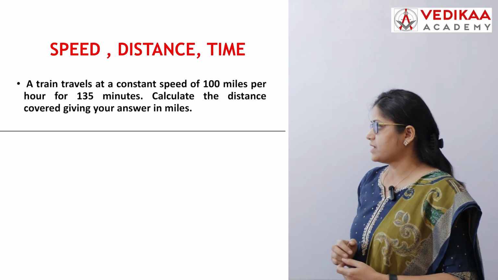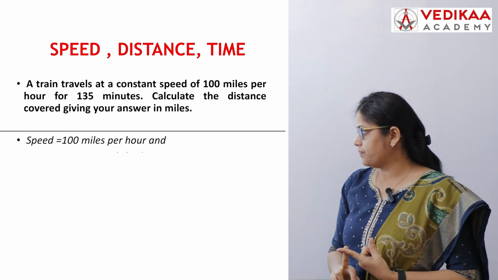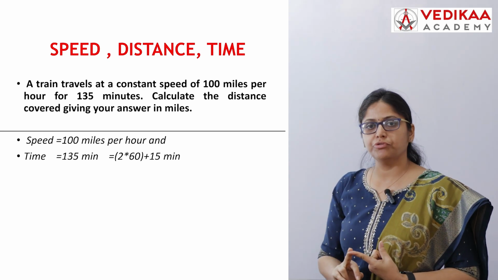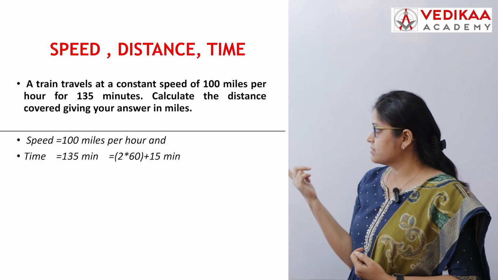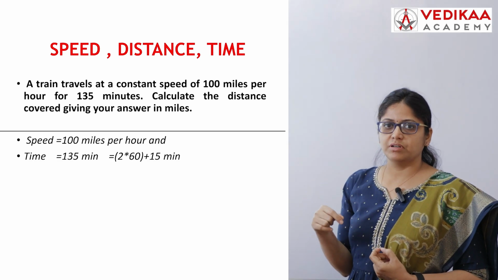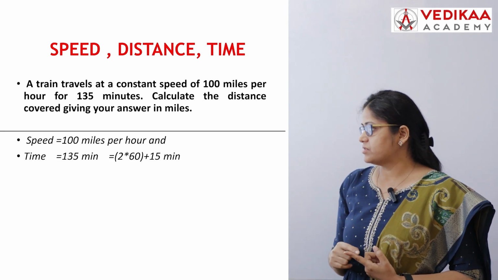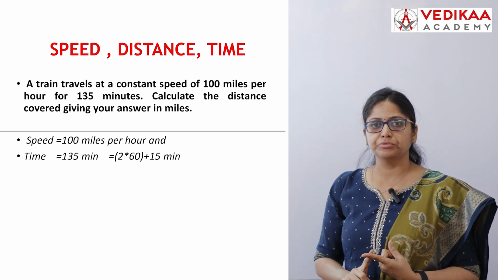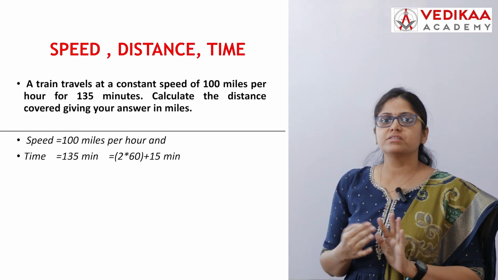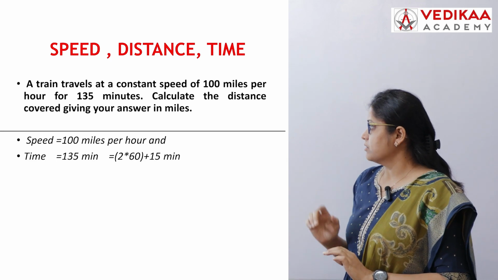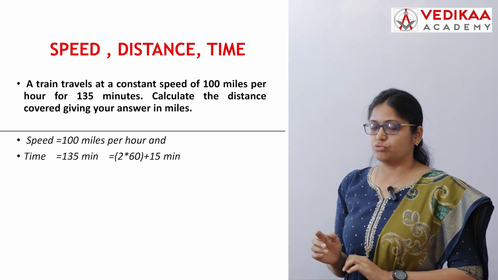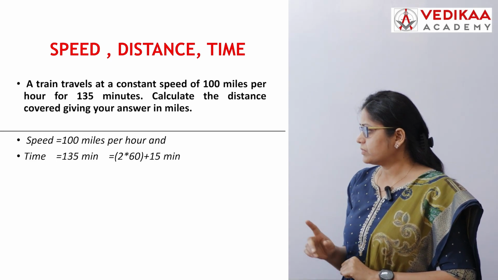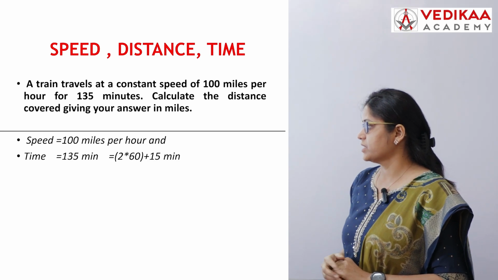The given quantities are speed, that is 100 miles per hour, and time, 135 minutes. As speed is given in miles per hour and time is given in minutes, the first thing that you have to do is convert these minutes into hours, because speed is given per hour. So here we have to convert this 135 minutes into hours.